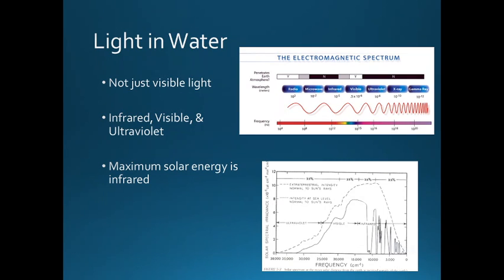And when we're talking about light, remember we're talking about the entire electromagnetic spectrum, from radio waves all the way up to microwave, infrared. Visible light is only a very small portion of the electromagnetic spectrum, right?